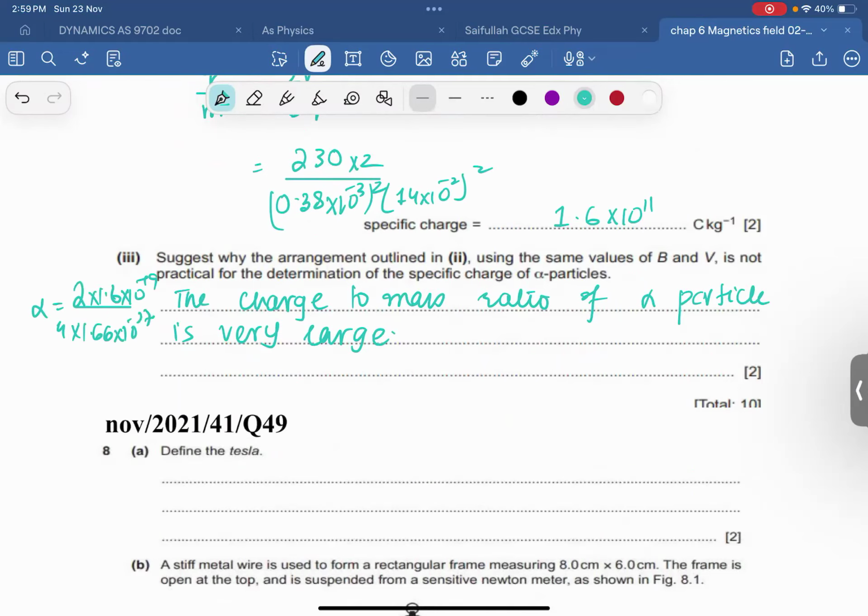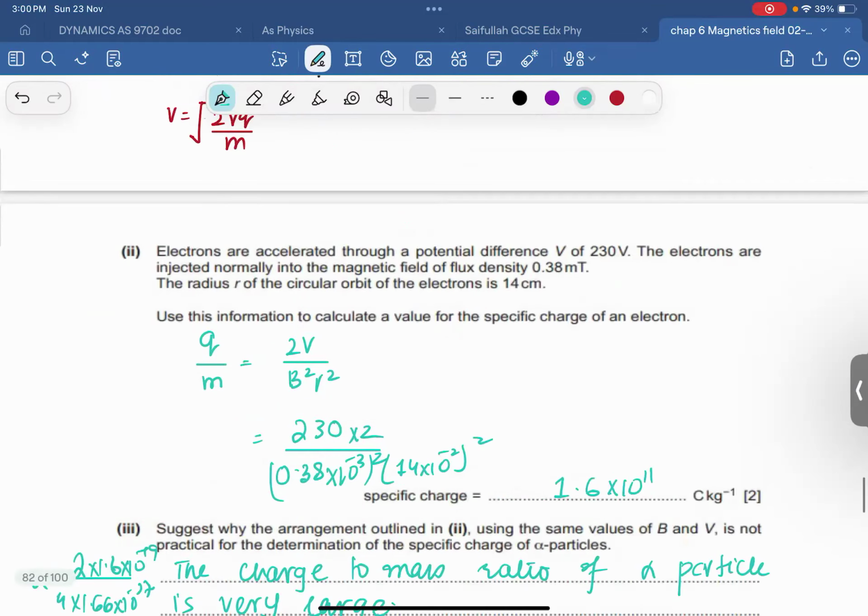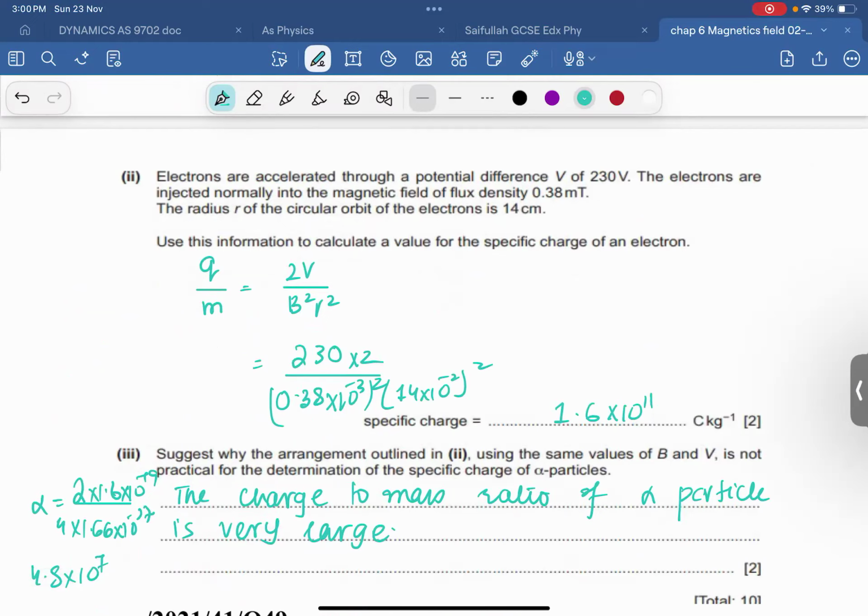So you will get 4.8 exponent 7, okay? So it has a difference of at least 1,000 or maybe 10,000 between the specific charge for the electron and for the alpha particle.